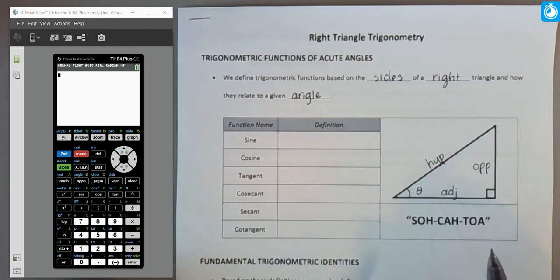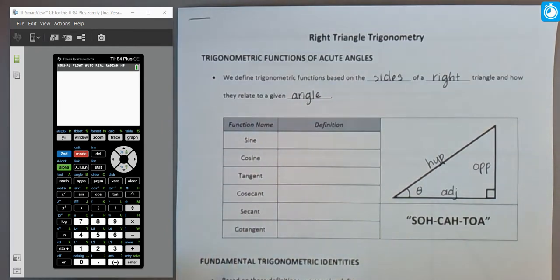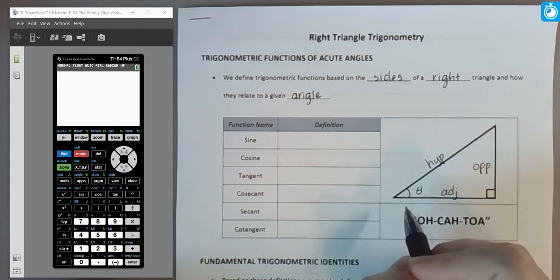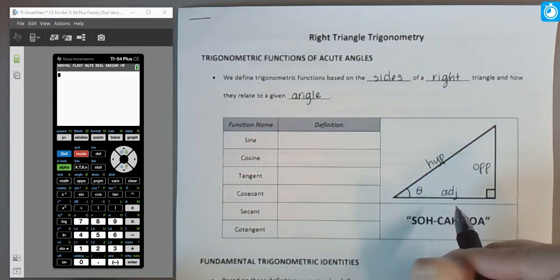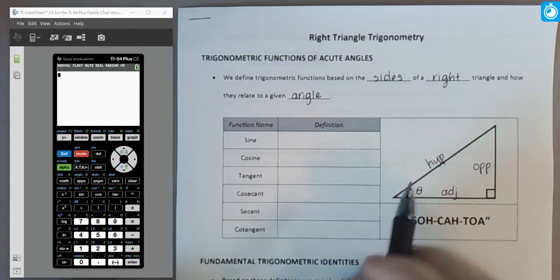So how we label the individual sides depends on which of the 2 acute angles we're looking at and which one we want to apply these 6 trigonometric functions to. So if this is our acute angle in question, this will be the way we label our triangle. So each of these 6 functions can be applied to this particular angle as an input.